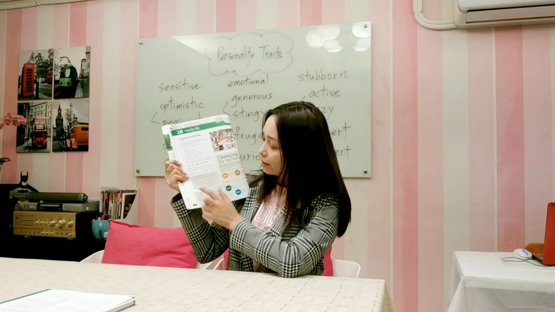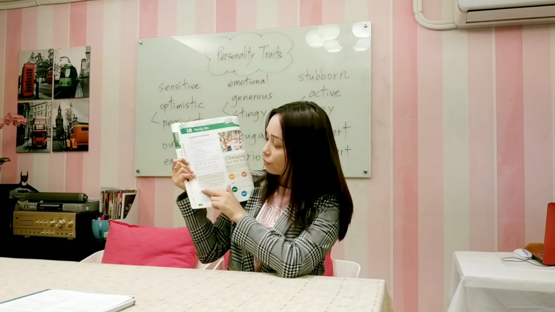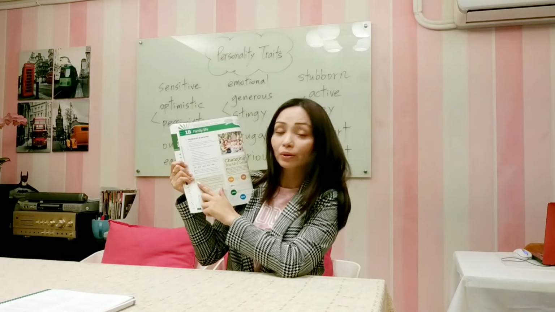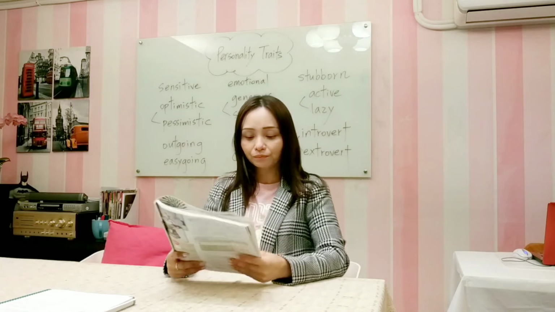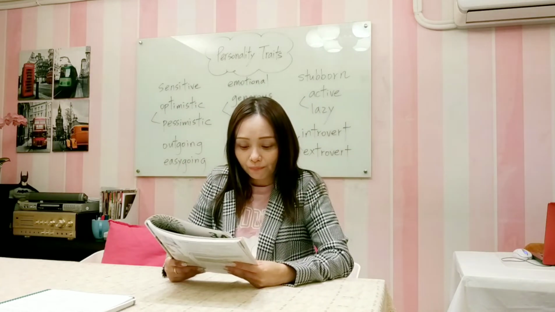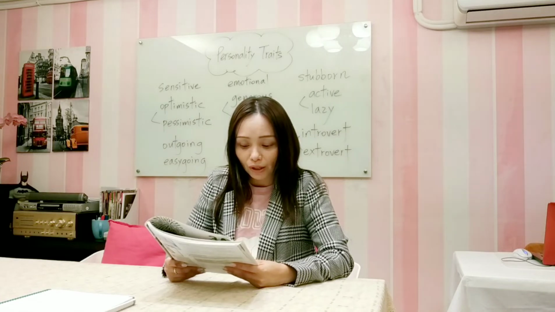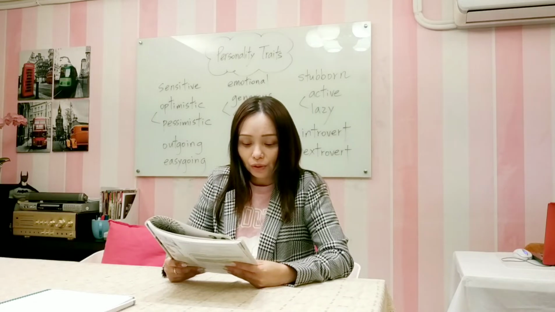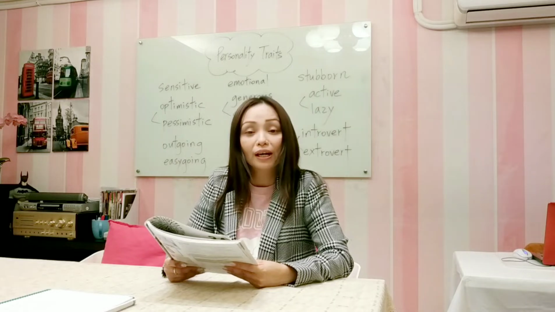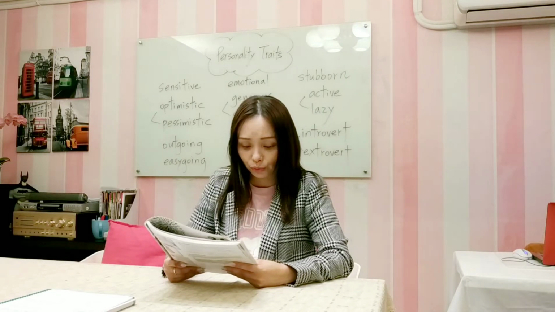So next up, I'd like you to take a look at the small box over here. Do you think that? So now very quickly, we're going to read it through together. So number 1, family. Do you think that families should have a meal together every day? Number 2, do you think that children should leave home as soon as they can afford to?